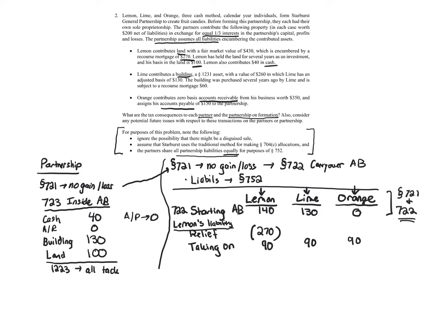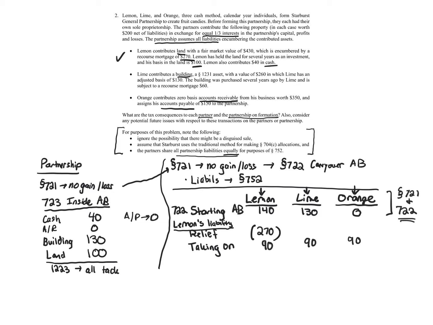So $270 of liability that Lemon is contributing to the partnership and the partnership's taking on is relief to Lemon that's treated as a distribution, which reduces Lemon's basis, and then taking on liability by all the partners, 90, 90, 90, increases the basis because it's viewed as a cash contribution under Section 752, as if you're contributing cash. So we've done Lemon.